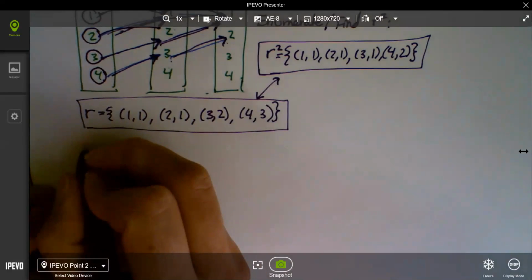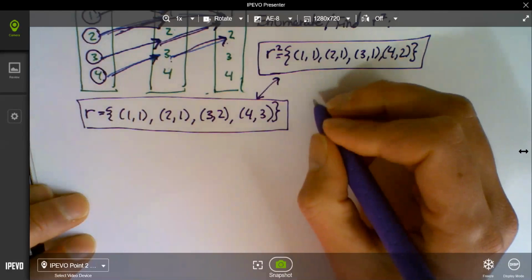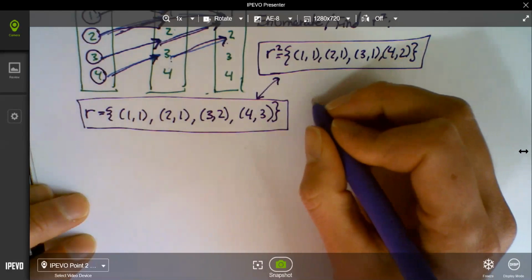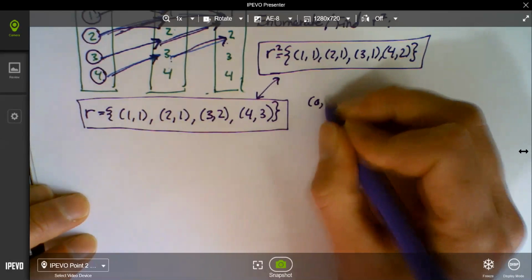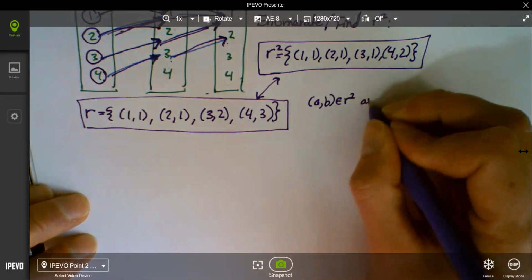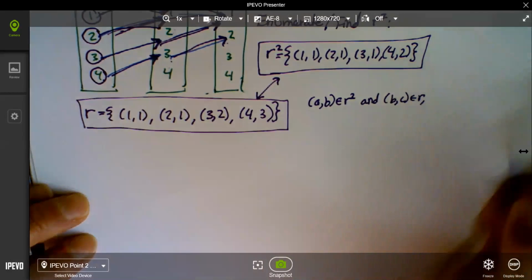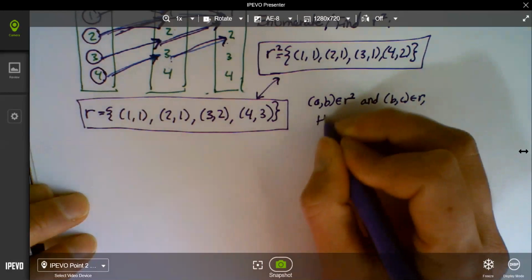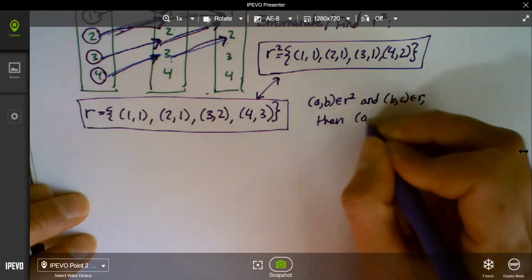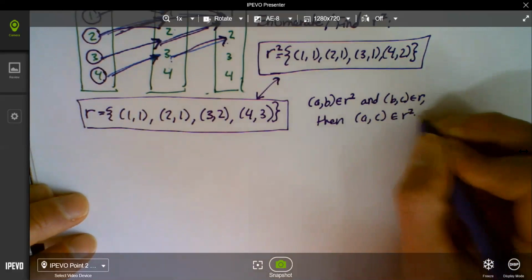Our definition for doing this composition is: if we have some element (a, b) in R squared and some element (b, c) in R, then (a, c) is in R squared composed with R.